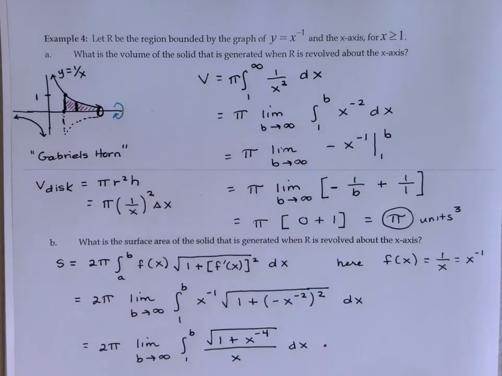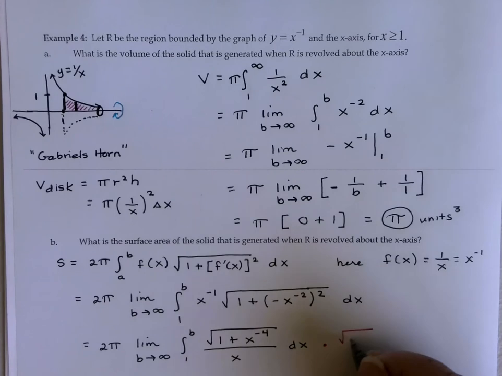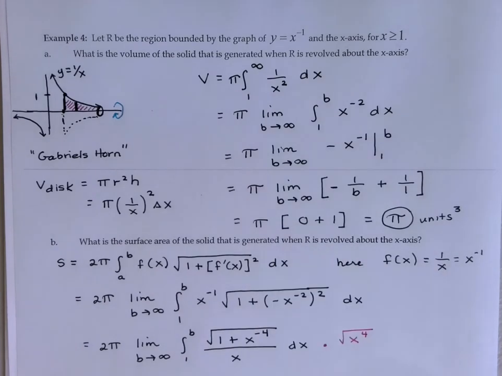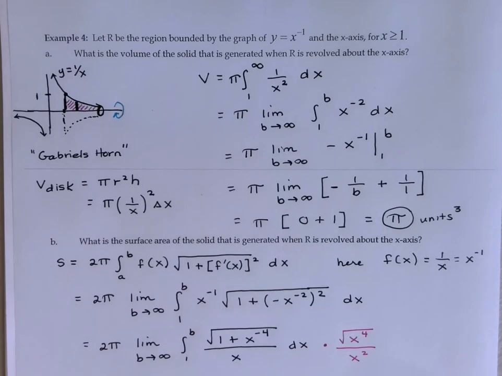If I do that, I'm going to choose the form of 1 that's going to get rid of that negative exponent. So under the radical, it would be x to the positive 4th power. The denominator doesn't have a radical, so that's the same as x squared, right? Those are really the same things, so it's a form of 1.